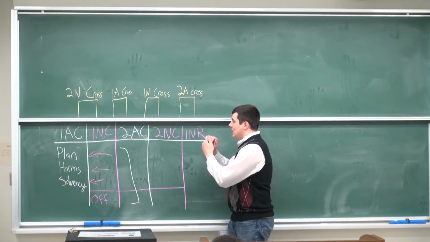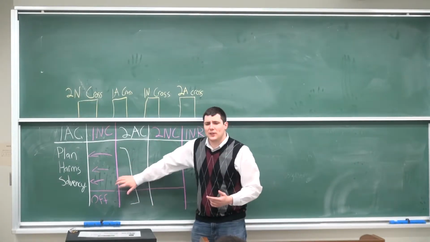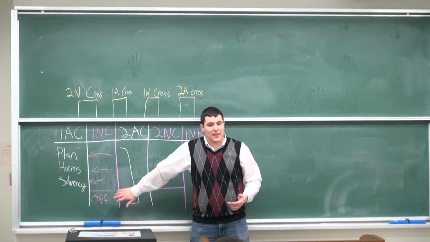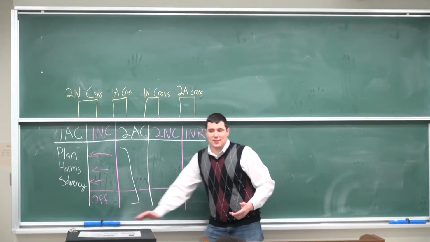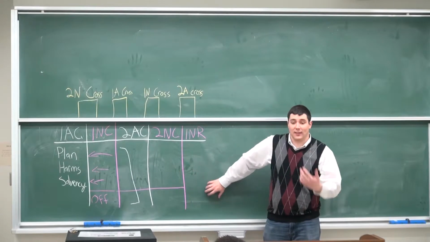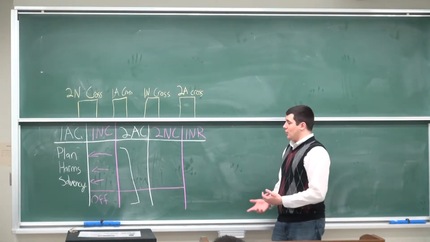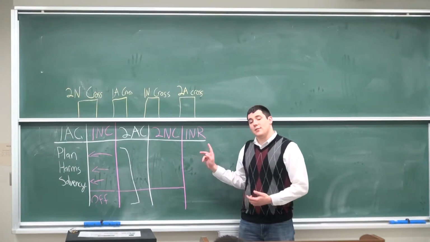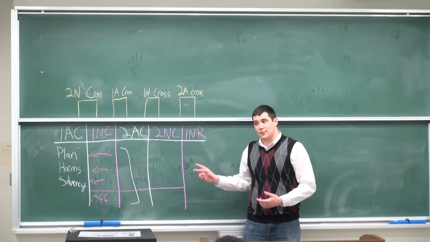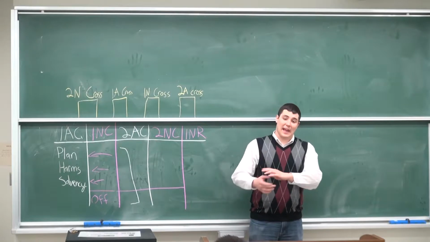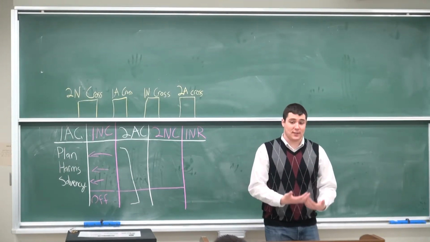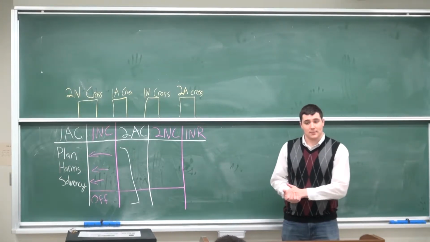Well, if the second negative constructive talks only about those on-case arguments, that leaves this off-case position for the first negative rebuttalist to really emphasize. So the job of the first negative rebuttalist is to take whatever is left, build up those positions, and answer the affirmative responses.